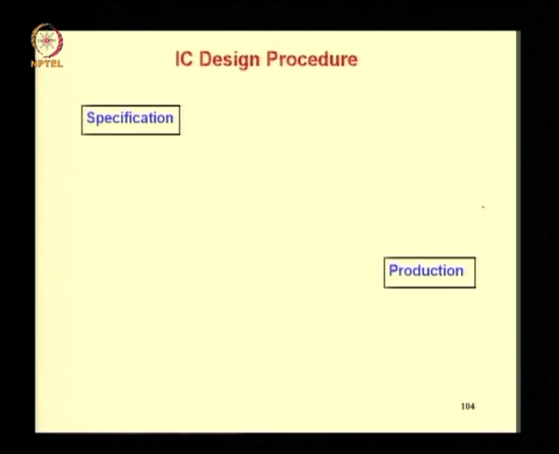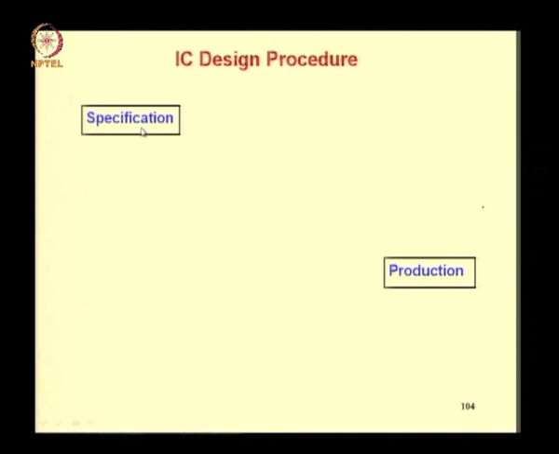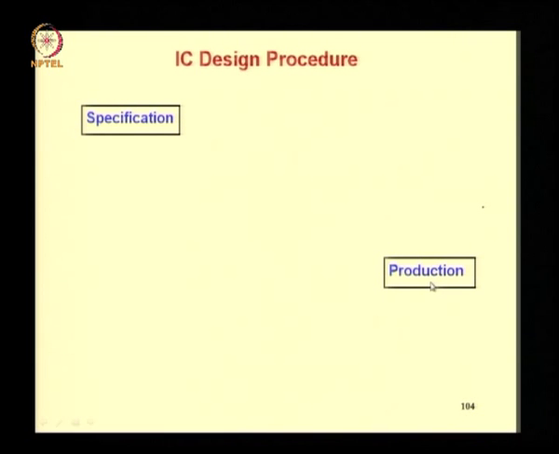Let us look at the IC design procedure and look at the stages of this procedure where device models are employed. So the IC design starts with a given specification and the end of the procedure is the production of the integrated circuit. So let us put down the steps in between.